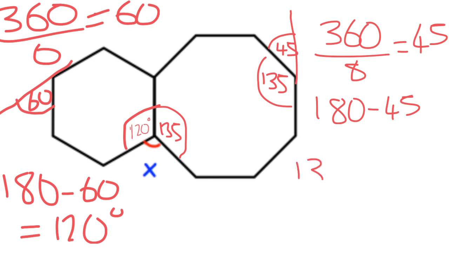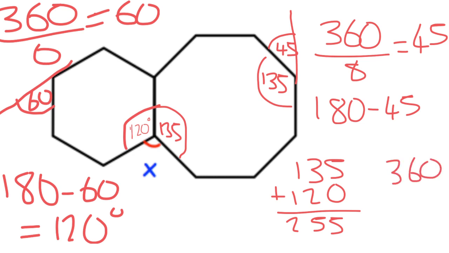So now I've got 135, add the 120, giving me 255. 360, take away 255, is going to be 105 degrees.